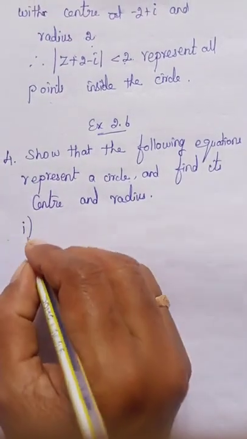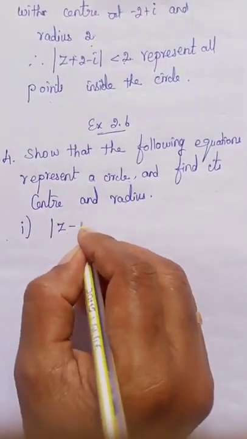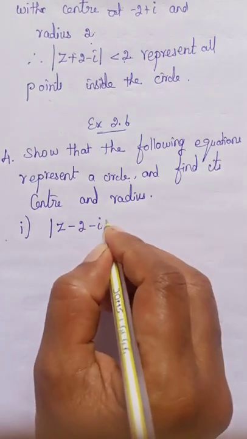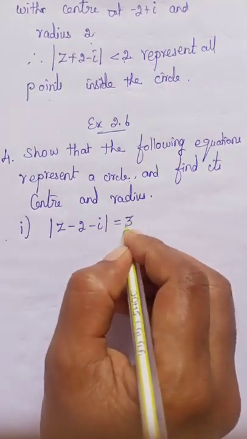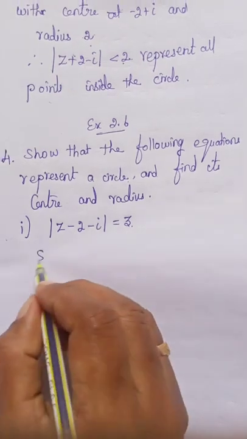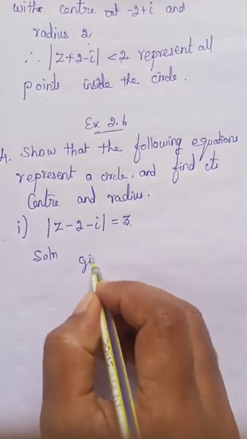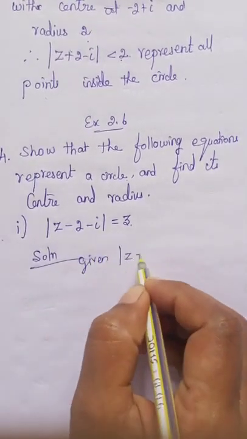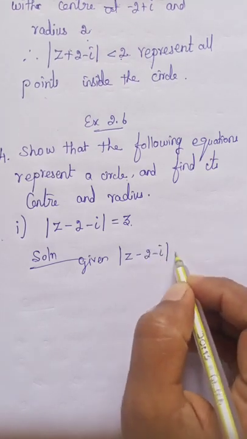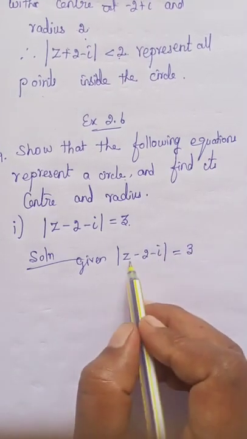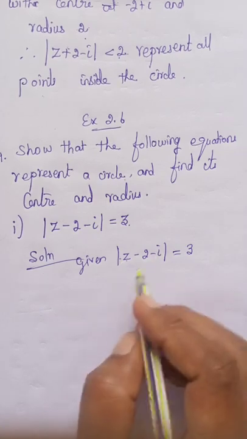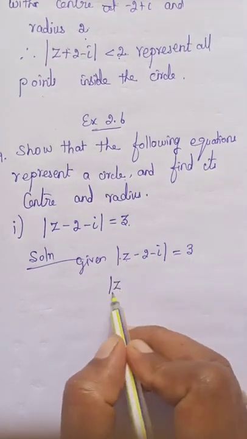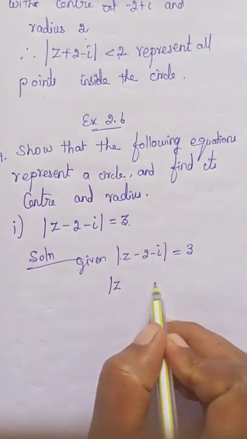Subdivision 1, that's modulus z minus 2 minus i equal to 3. I hope it will be very easy. See, given modulus z minus 2 minus i equal to 3. First we will check whether z has a coefficient. No. Then we will try to write it in the form z minus z0.